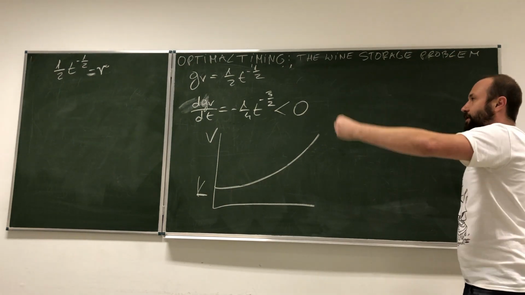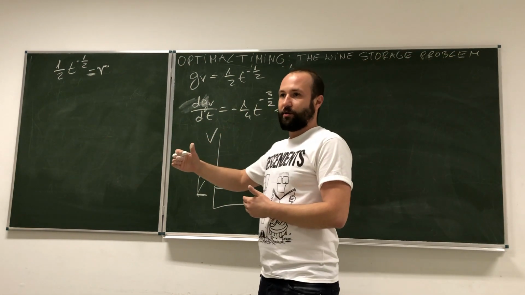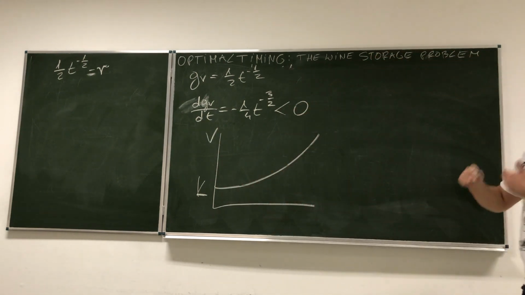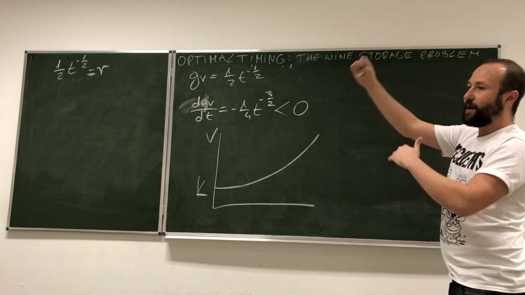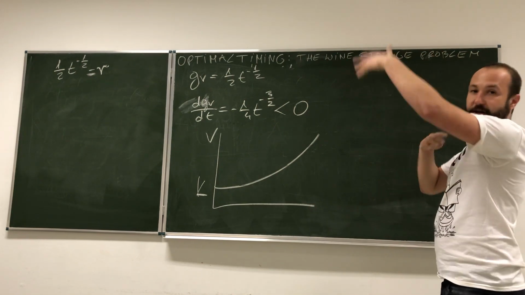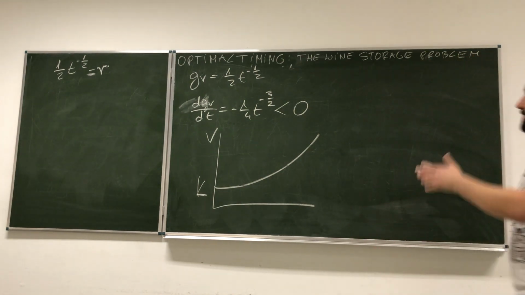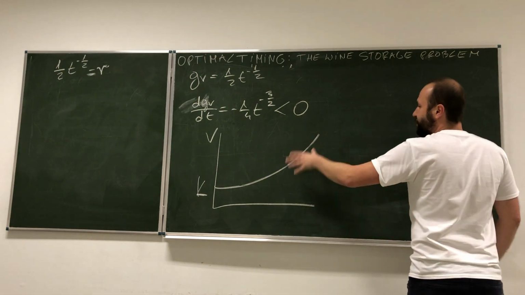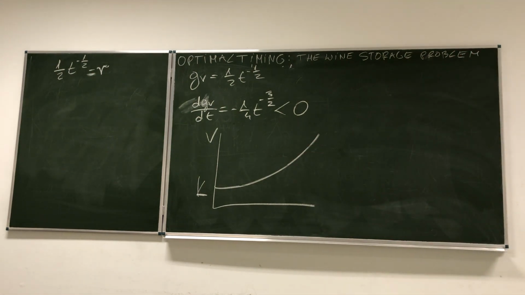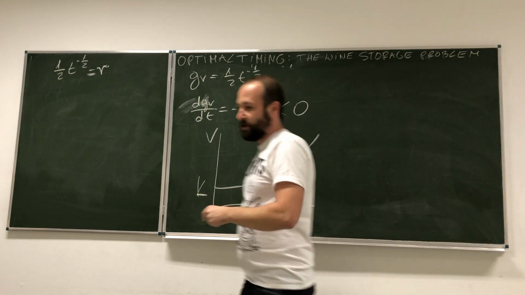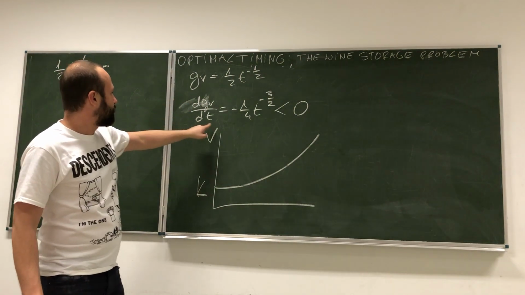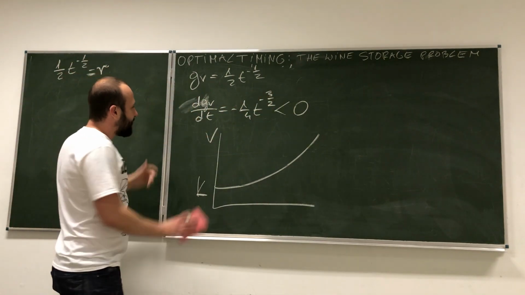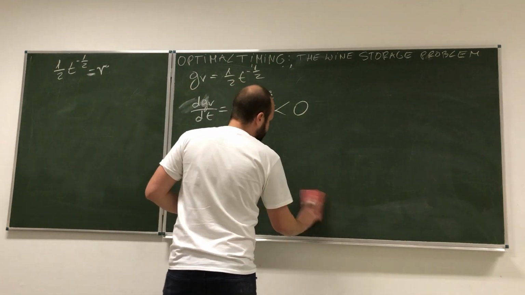So in order to keep a constant growth rate, we would need wine to grow by a bigger and bigger number each year. But this is not the case here. So even though each year the value of your wine will be bigger and bigger, it's increasing in comparison to the base by a smaller and smaller amount. This is why the growth rate is actually a declining function of t.